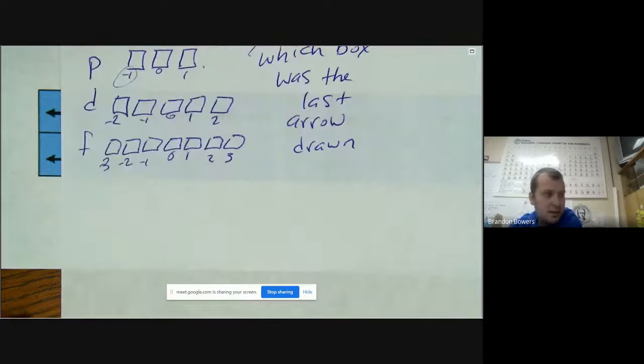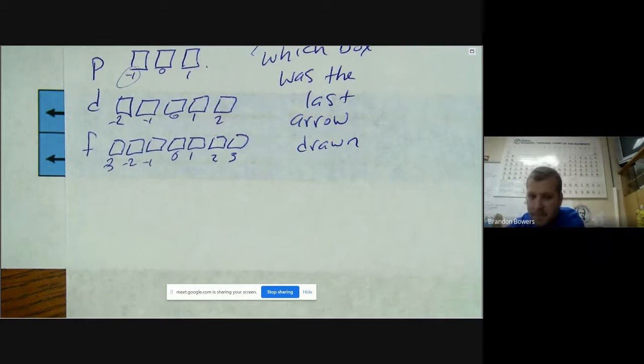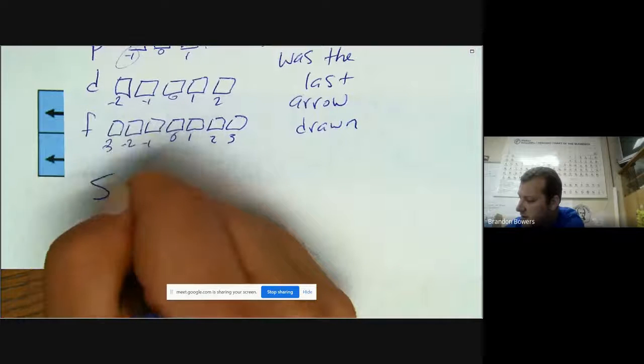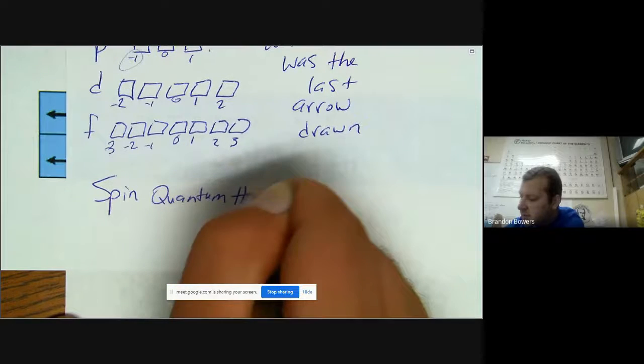And the last one I would like to discuss is the spin quantum number.